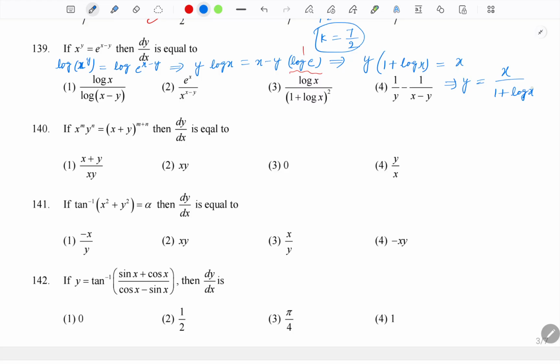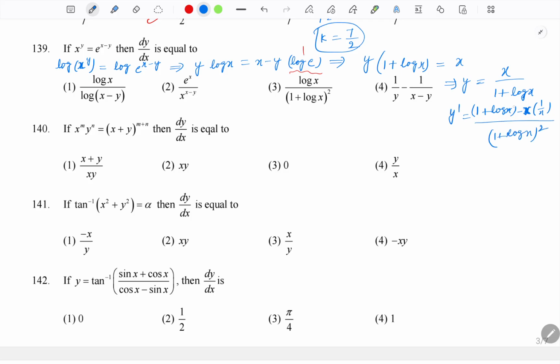Now derivative again, u dash v, right? u dash 1 times 1 plus log x minus u, x times derivative of 1 plus log x, 0 plus 1 by x. Understood? I am using here the quotient rule formula, over 1 plus log x whole square.